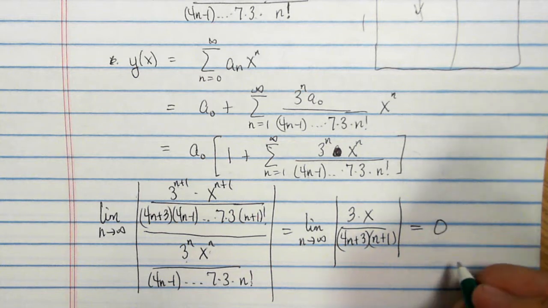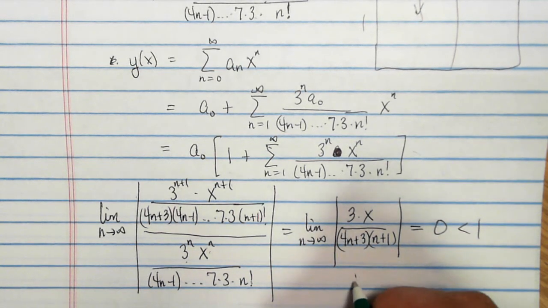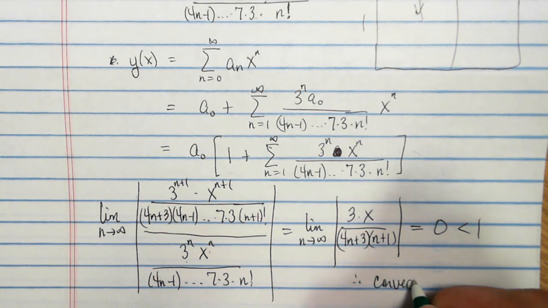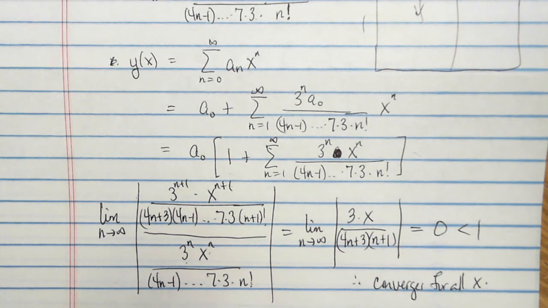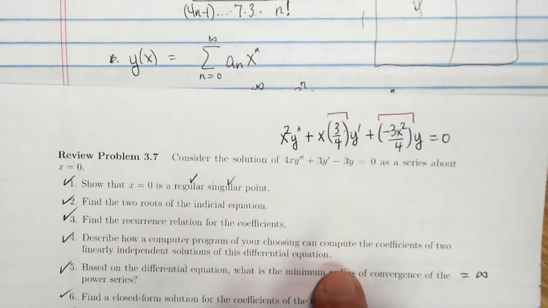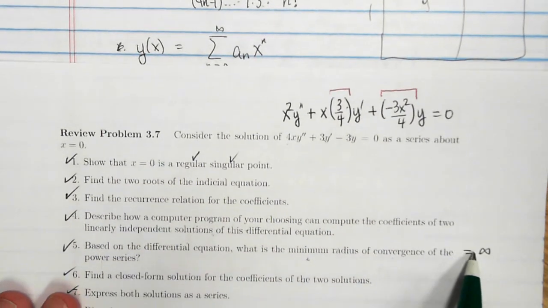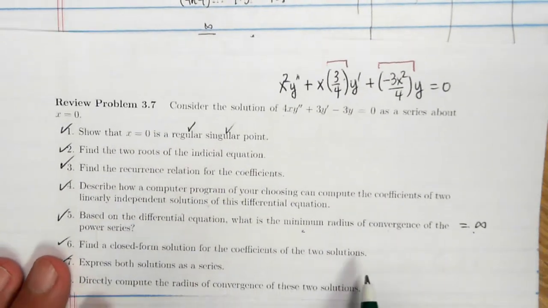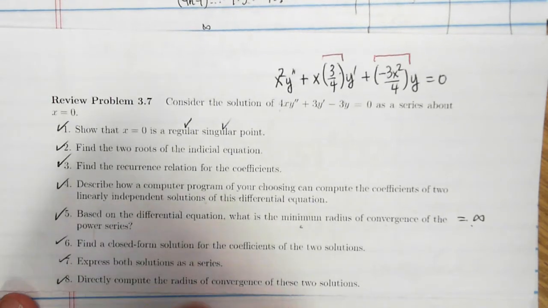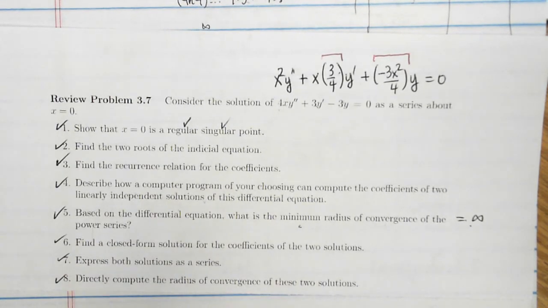Again, that's equal to 0 for all values of x. That's less than 1. And so this converges absolutely for all x. And that confirms that the minimum radius of convergence was infinity, as we discussed at the top of the video. So that's all the parts of this problem for this regular singular point problem.